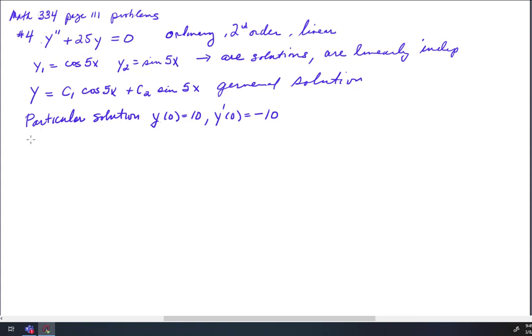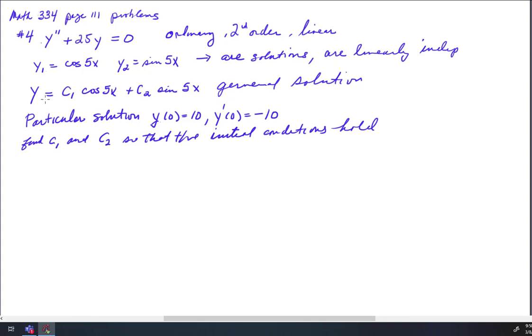So find a particular solution is just to say find C1 and C2, those are what were the arbitrary constants in the general solution. Find particular values for C1 and C2 so that the initial conditions hold. So we ought to be able to do that.